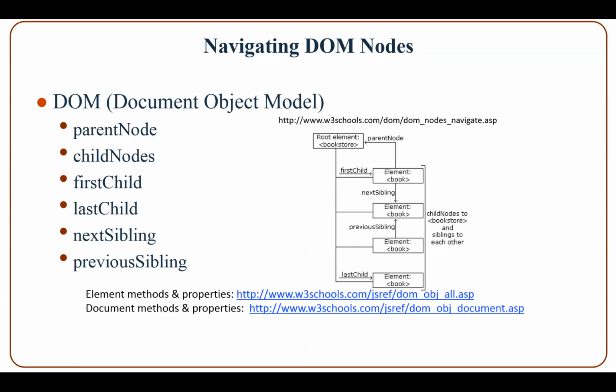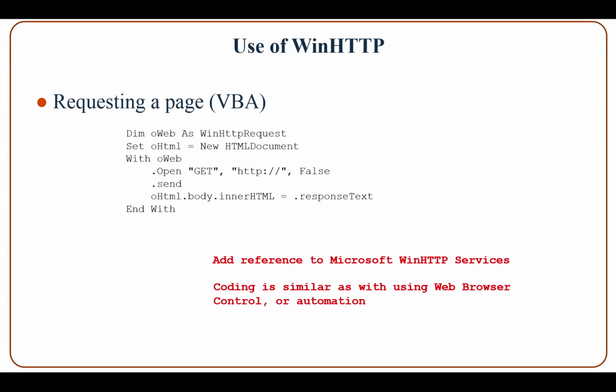You can also use WinHTTP services. In order to do this, you have to add reference to Microsoft WinHTTP services. And the code is very similar as with web browser control or automation. In this example, you declare a web as of class WinHttpRequest, and then create a new HTML document.